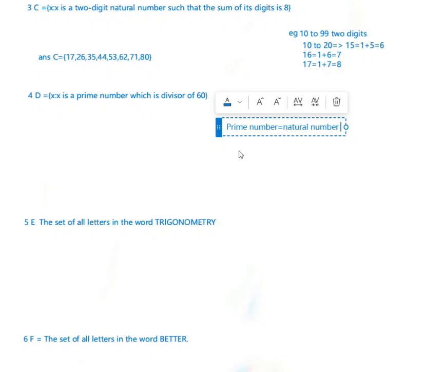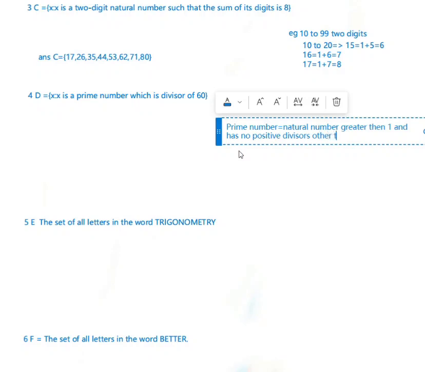So a prime number is a natural number excluding 1, which has no positive divisor other than 1 and itself.